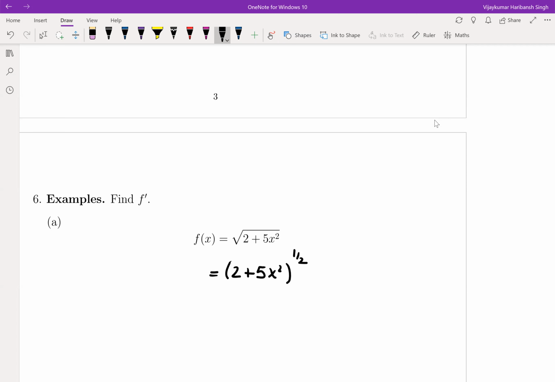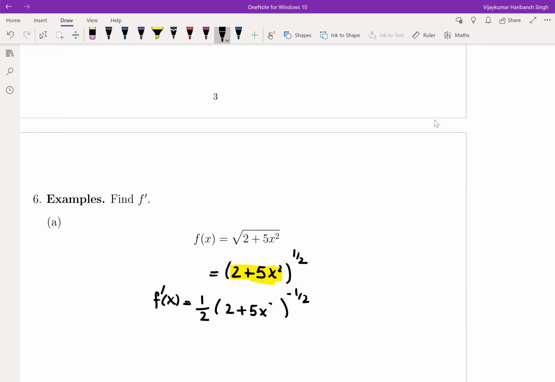So f prime x is going to be, now what is the derivative of x to the power half? It is half times x to the power half minus 1, which is minus half.